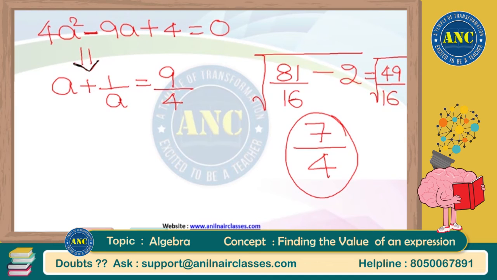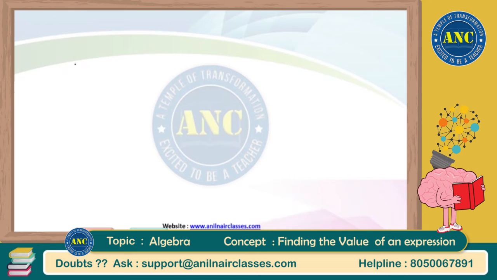And the moment we get a plus 1 by a or a minus 1 by a, it is not at all a difficult task to find the a square plus 1 by a square value. I hope I am making sense for each and every student who is listening to this class, sir. I hope it is very, very clear for you people.